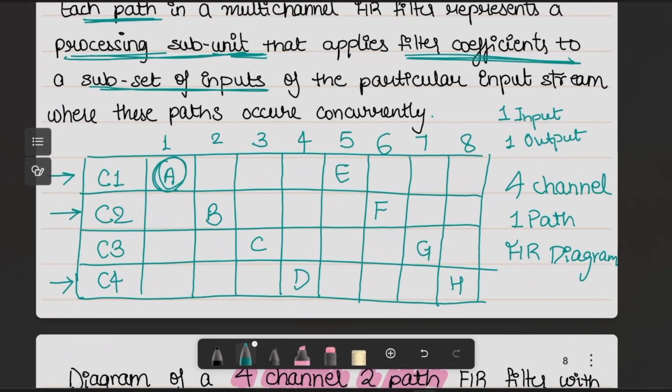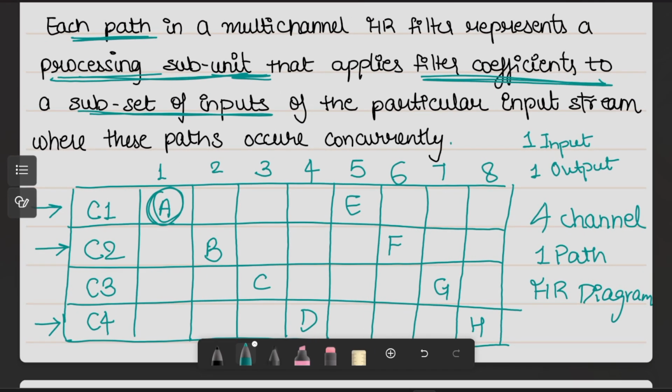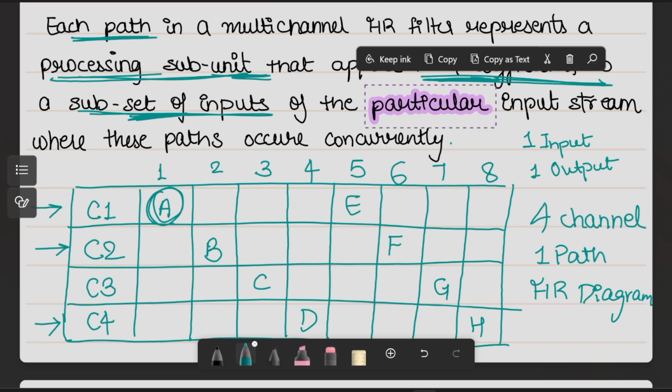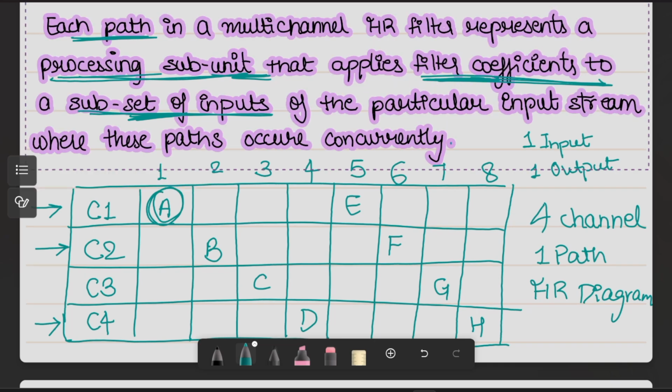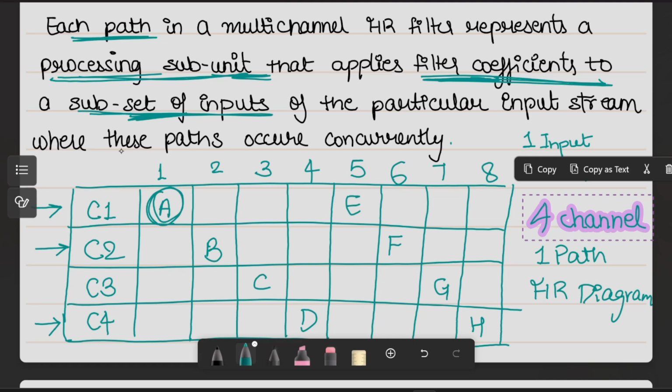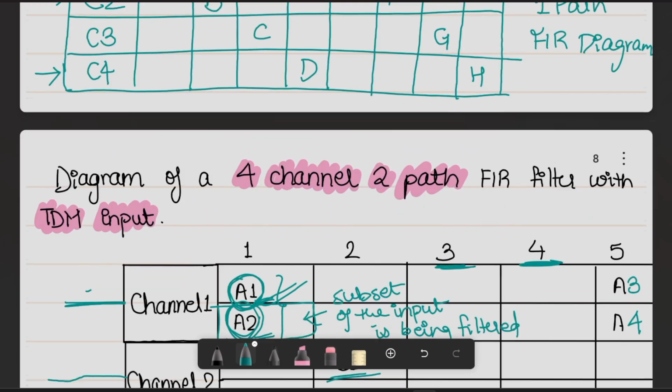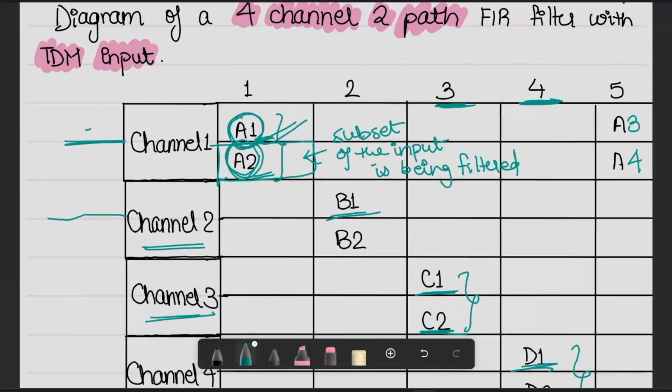So it will process or apply filter coefficients to the subset of inputs of only that particular input stream, where these paths occur concurrently. By concurrency, I mean A1 and A2 occur simultaneously.